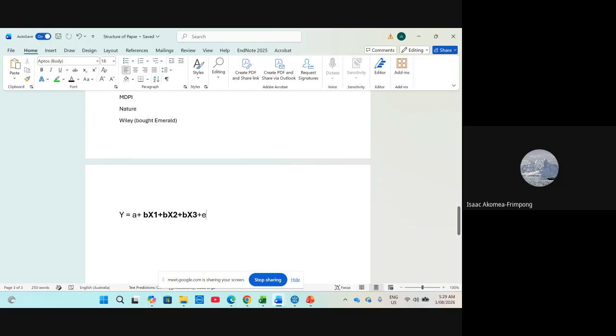Now, what if I want to use this same model? This equation is an example of a model.